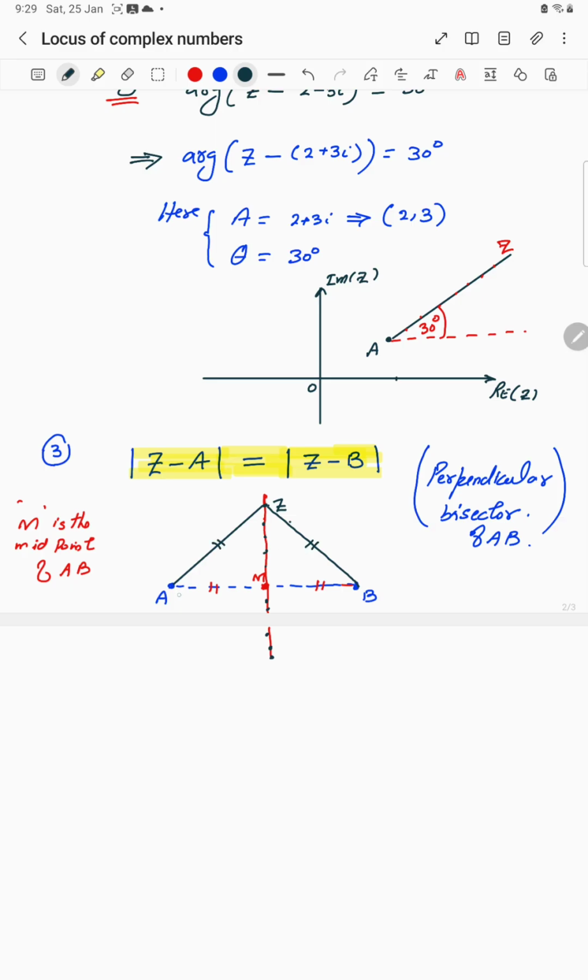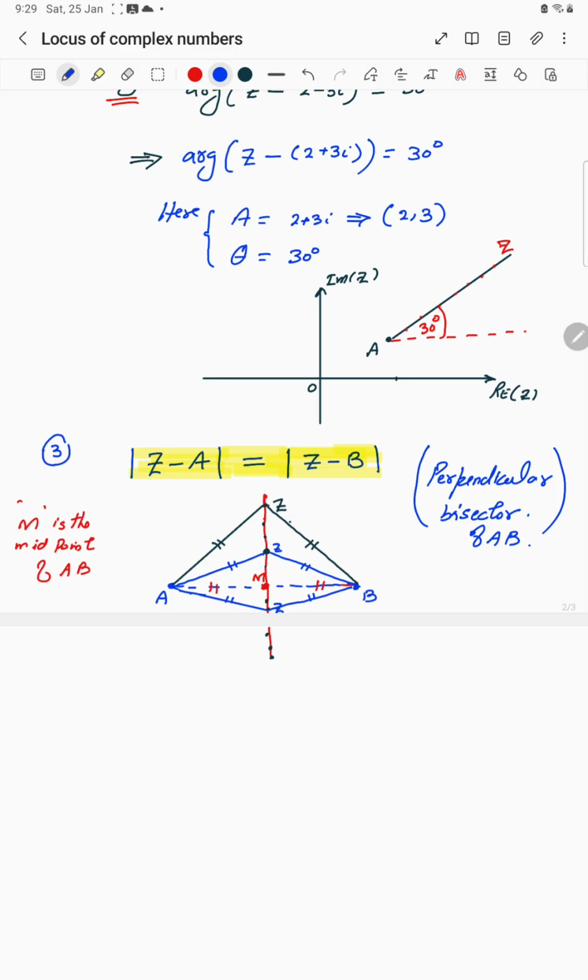Or if z is here, the distance of A from z will be the same as B from z. Got it? That means you will draw the perpendicular bisector. Same here, if z is here, the bottom will be the same. So this is the case study.